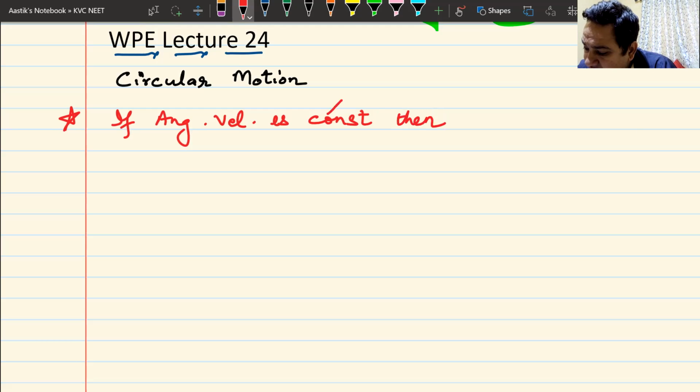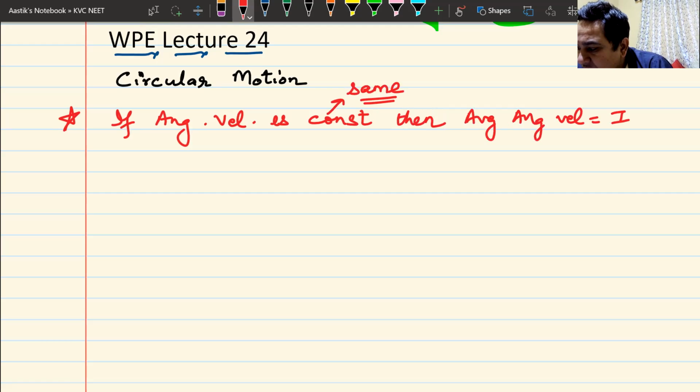When I say constant, I mean it remains the same or does not change with time. When your angular velocity is constant, then your average angular velocity will be equal to your instantaneous angular velocity.